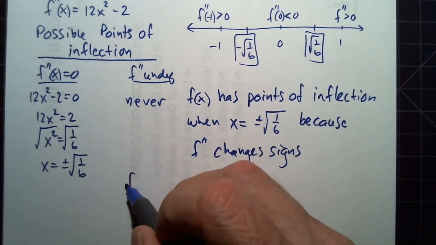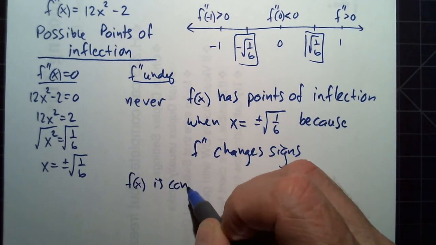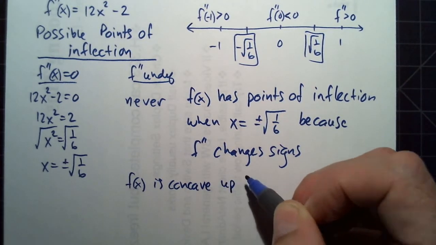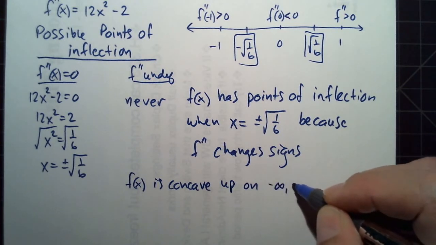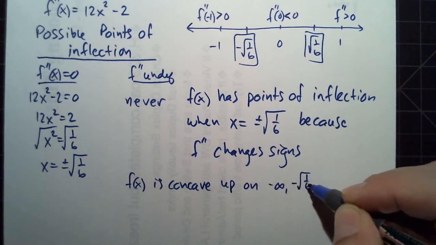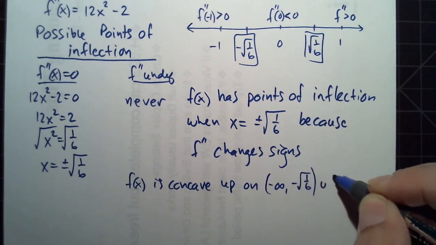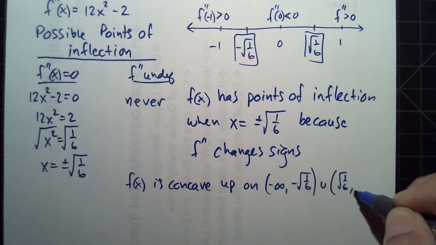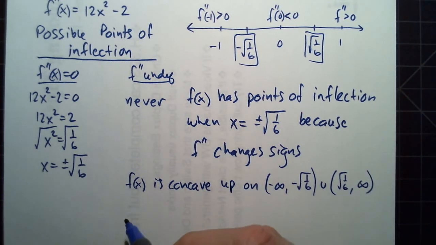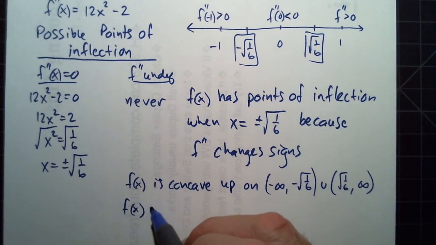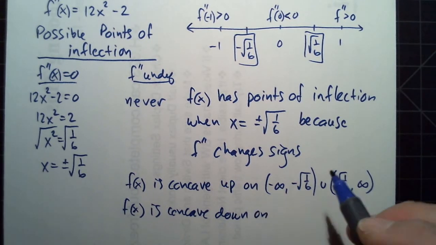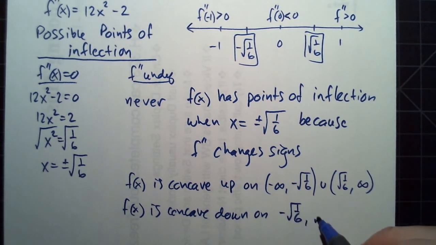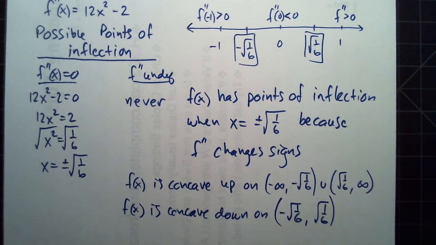So we say f of x is concave up on negative infinity to negative radical 1/6, also on radical 1/6 to infinity. All right.